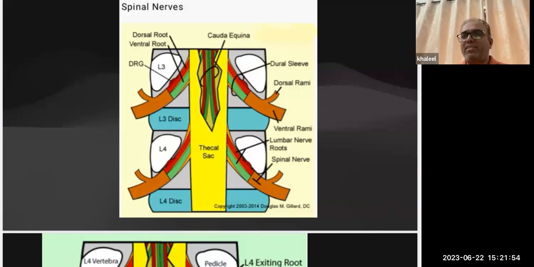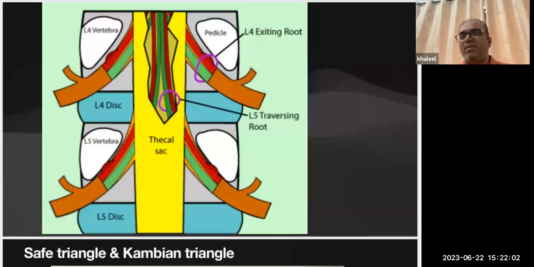And this is the exiting nerve root. Like this is L4, L5; the L4 nerve is coming out from the foramina. This is the exiting nerve root. Now the next turn is the L5 nerve root.